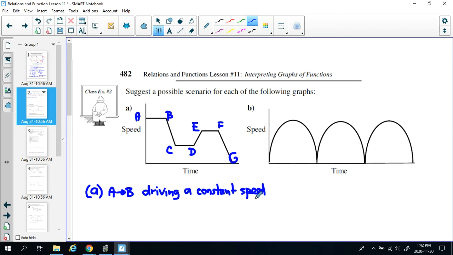So remember, maybe whoever's driving there just has the vehicle in cruise control where the speed of the vehicle is not changing. Okay, now B to C, I can see I have a decrease in speed. The speed goes down. So I can just simply say, car slows down.